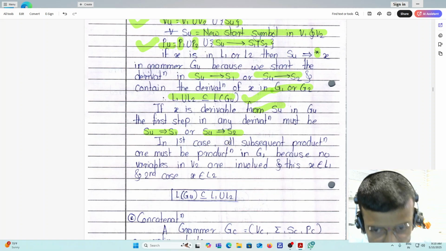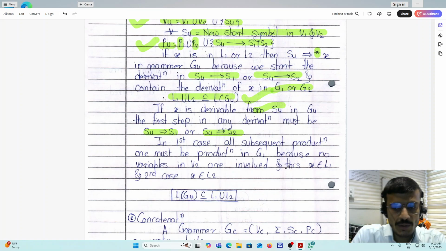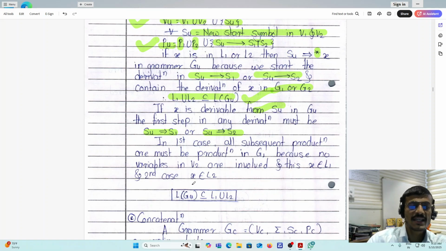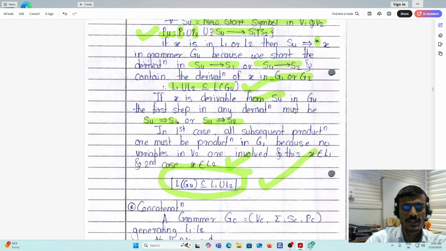In the first case, all subsequent productions must be productions in G1, because no variables in V2 are involved, and so x belongs to L1, and in the second case x belongs to L2. Hence you can write L of GU is contained in L1 union L2. So that is for the union operation.